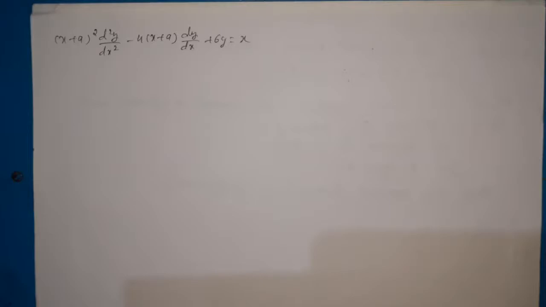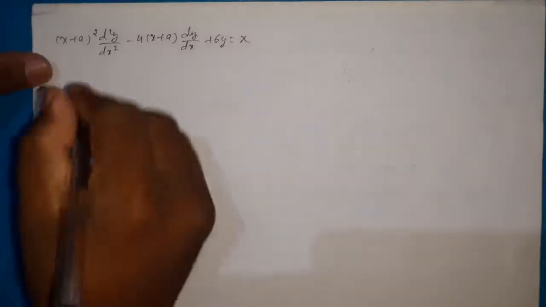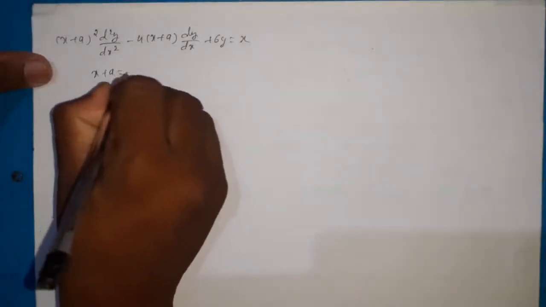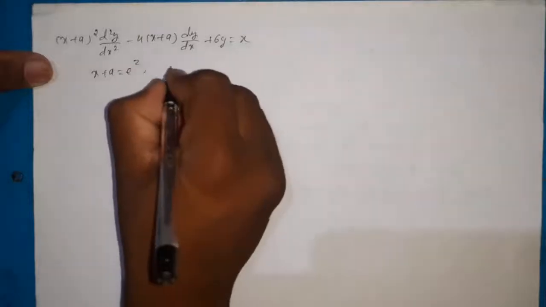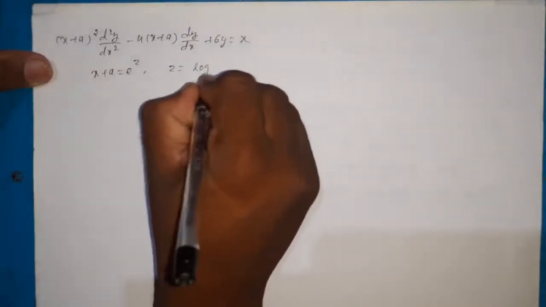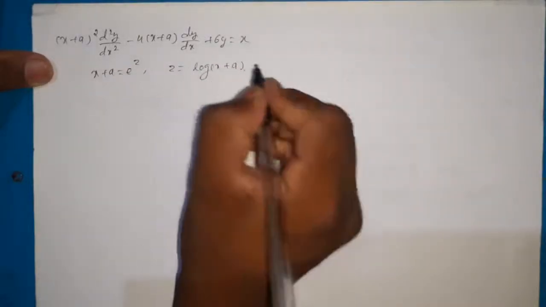So whenever RHS is non-zero, in that case we need to find the particular integral for given differential equation, that is compulsory. So therefore first we need to find the complementary function, then particular integral. So here what is the substitution? x plus a is equal to e power z or z equal to log of (x plus a).